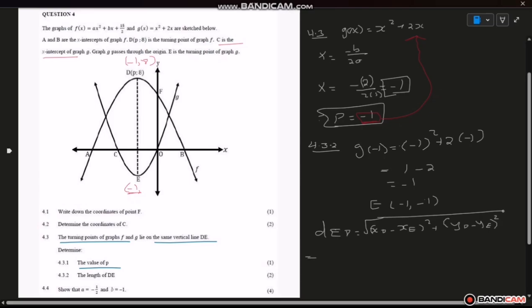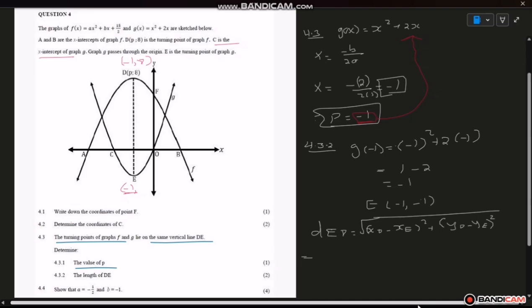You know that the coordinates of xd is negative 1. So square root open bracket negative 1 minus xe, that's negative 1. Negative 1 squared.